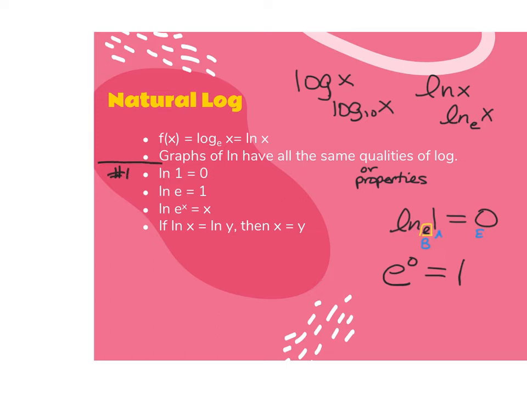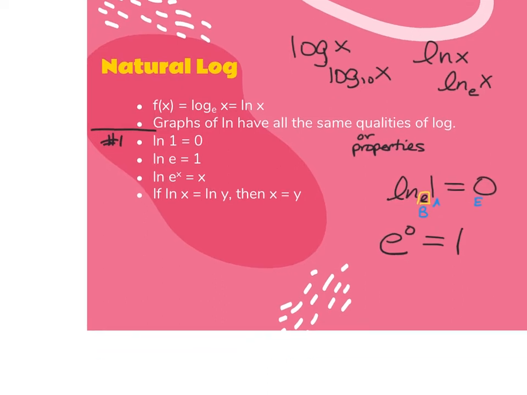We did this with the log. So if I take ln, and I'll do it with a cursive L so you can tell that it's an L, not a 1 or an I. So ln, natural log of 1, again, if I turn this into exponential, you can assume the little e to the 0 power equals 1. So this is how I know this property, that the natural log of 1 equals 0.